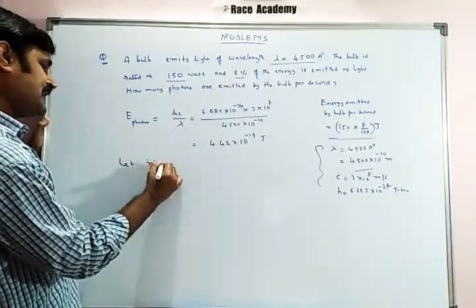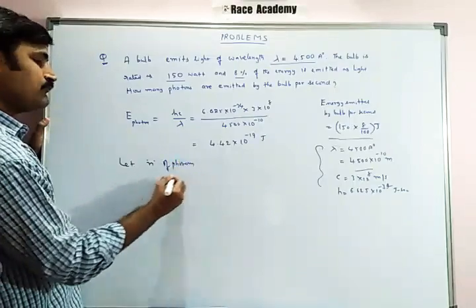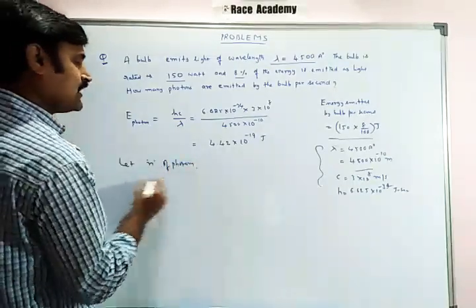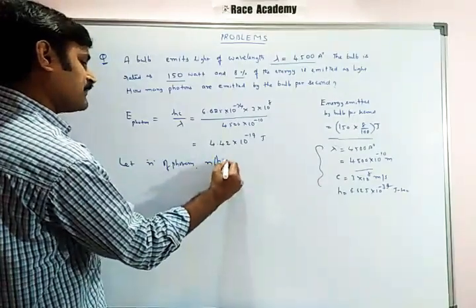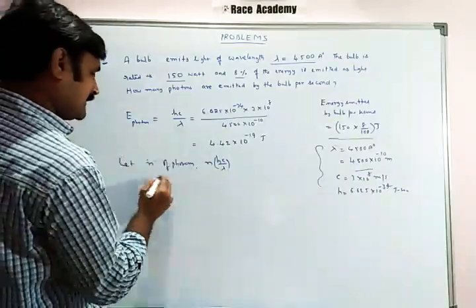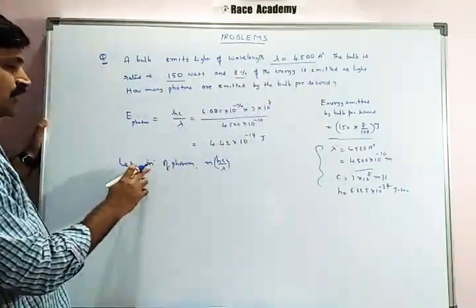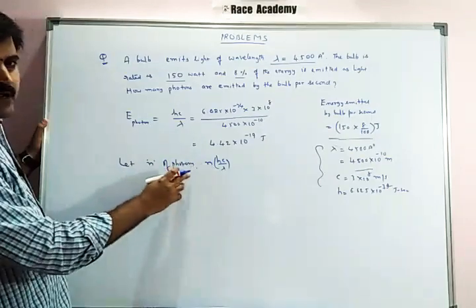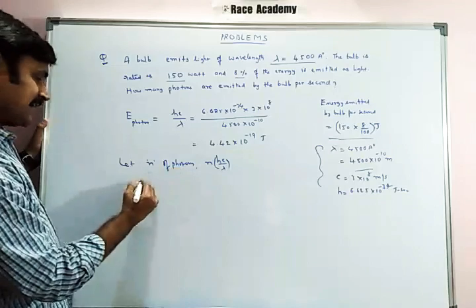So let n be the number of photons. Then what is the energy formula? That is nhc by lambda, which is equal to the value given in the problem.